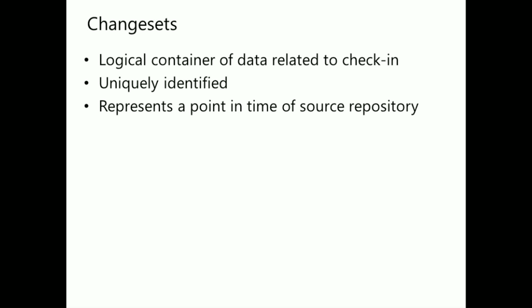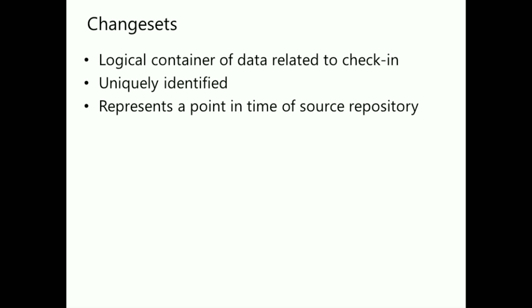First of all, one of the main foundations or cornerstones of the version control system in TFS is the notion of a change set. It's really a container of information that's related to any sort of single check-in process. So when you are checking in a single file, 10 files, 1,000 files into Team Foundation Server, if you're doing it as part of one operation, it is going in as a single change set, or a single unit of change.